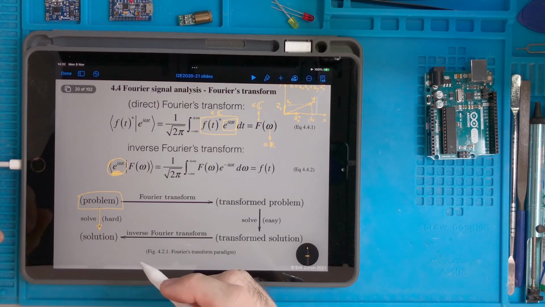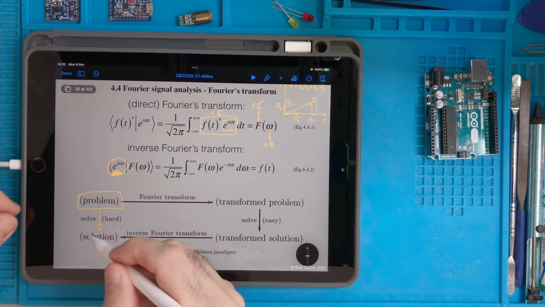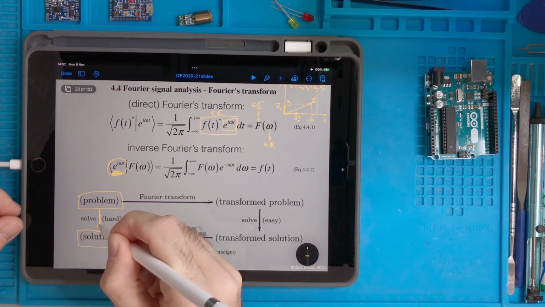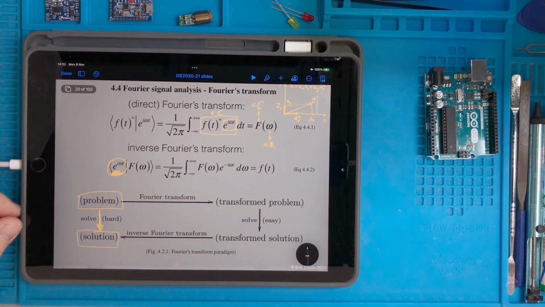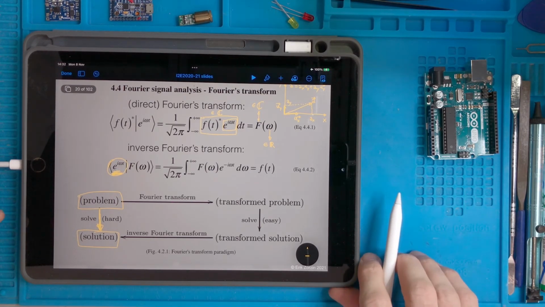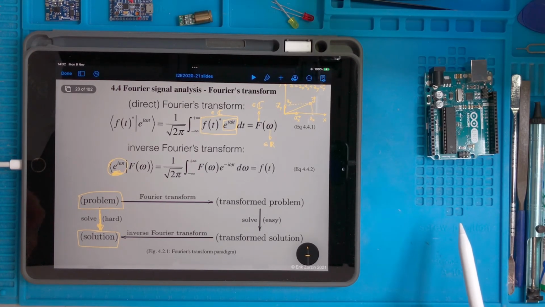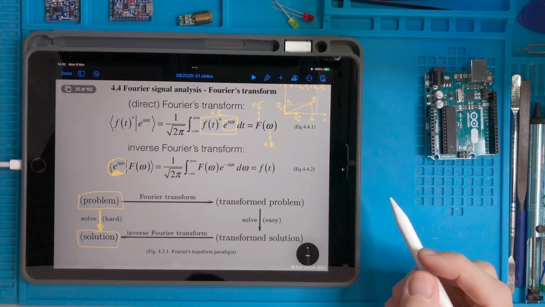For us it would be equations related to our circuits. We want to find the solution, but this path here is hard because the function is quite complicated. It's not just a simple sinusoid. Remember, for instance, the very basic example of recording the temperature in a room. Not all the time, of course, does the temperature follow a sinusoidal profile. It can be whatever in general.